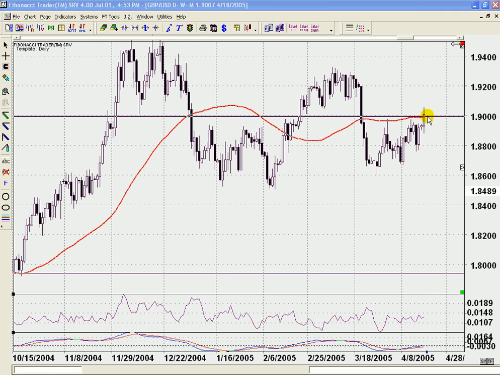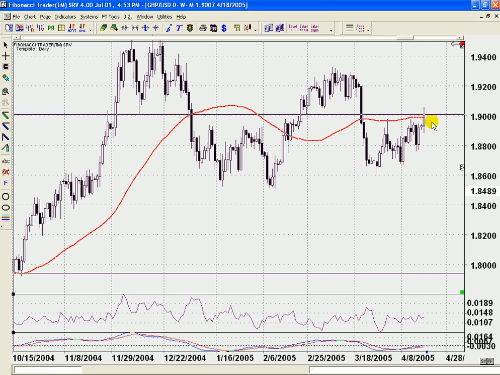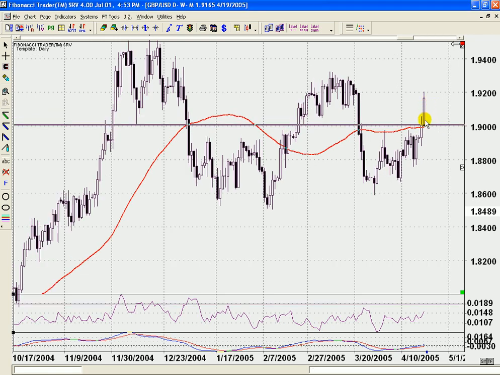The market here has broken through 190. We've gone from 188 to 190. If you see a move like this from 190 to 192 in one day, this is a daily chart, look at the center line of this pennant.